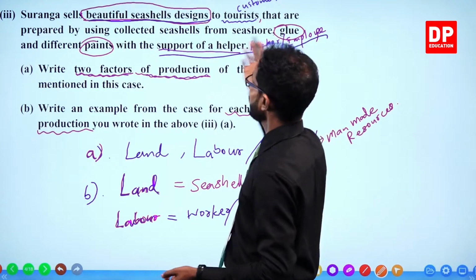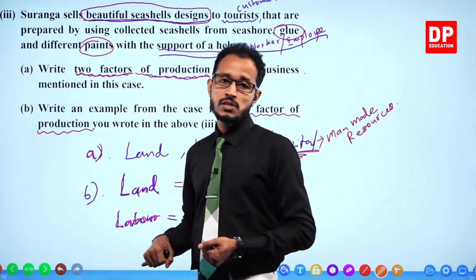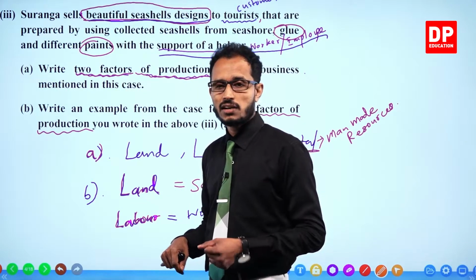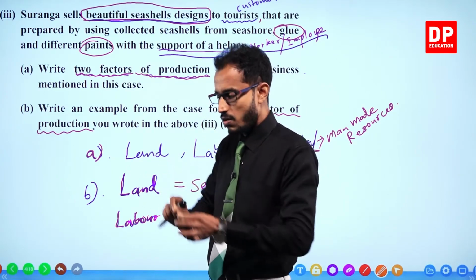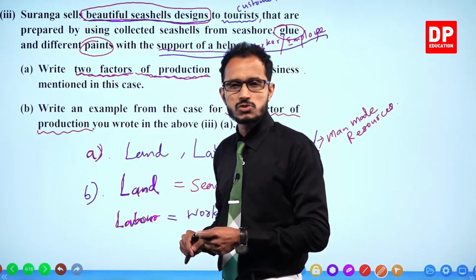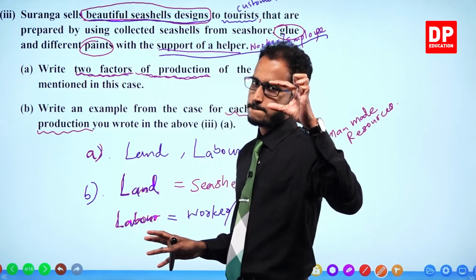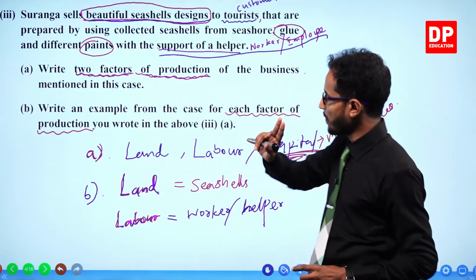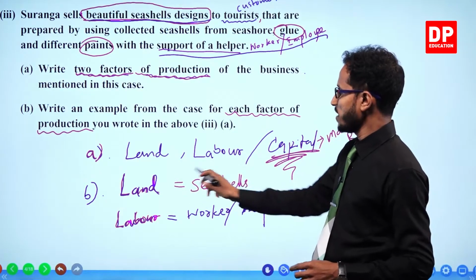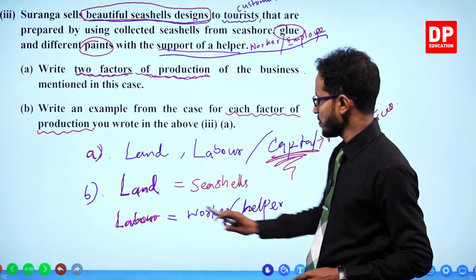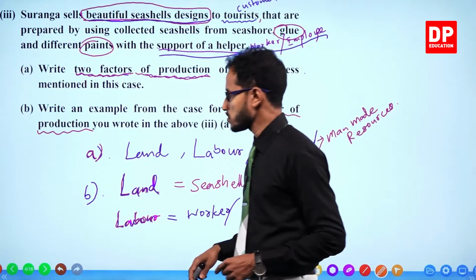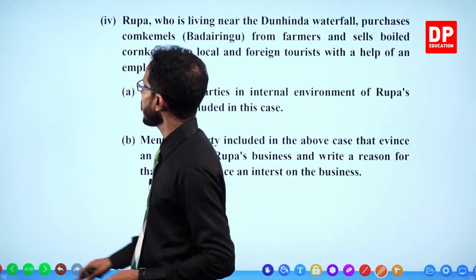So glue, paint, polish, and the tools which are used to carve, put carvings on the seashells. Anything man-made goes under capital. Okay, so land is natural resources. Labor means human resources. Next, third part is done.